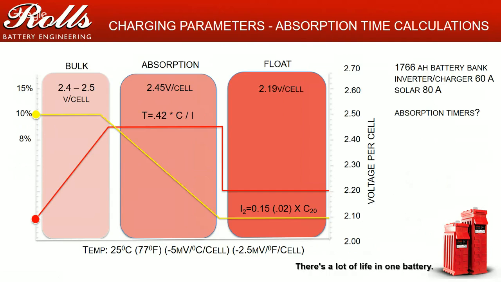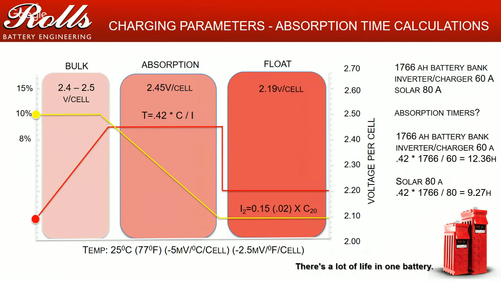If we go to a 1,766 amp hour battery bank with the same ratings, I'm now looking at running my inverter for 12.3 hours while my solar is at 9.2 hours. This is not just something that we brought up. This is an actual system where a customer called, had problems, and didn't understand why their batteries weren't being properly charged.